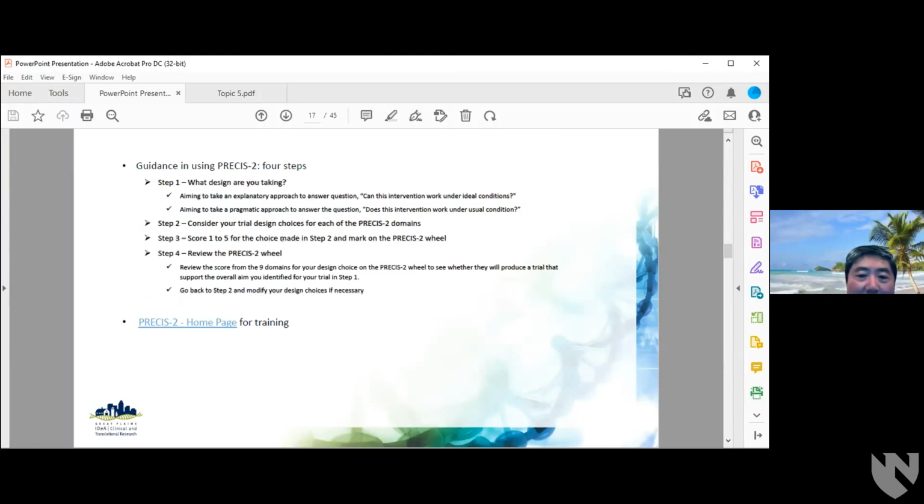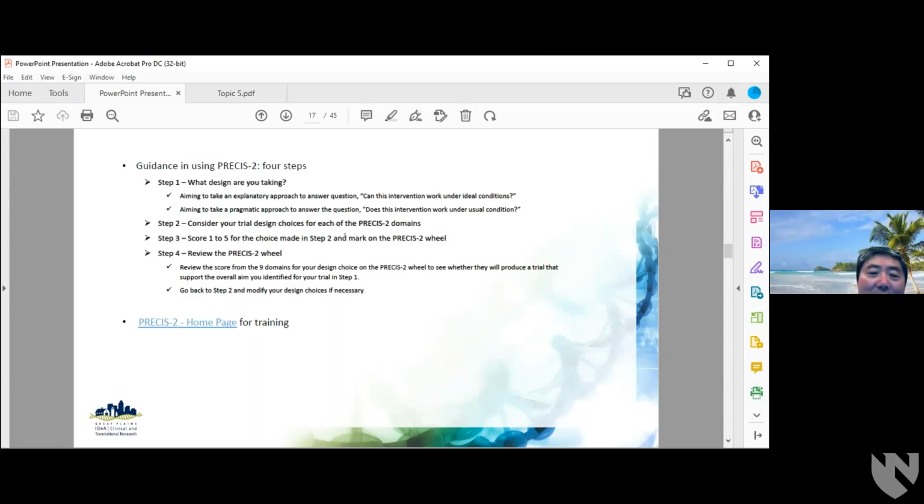You want to prove the concept, or you want the outcome of this experiment to immediately apply in the usual care scenario. That dictates whether this is eventually going to be an ERCT or a PRCT. This is the first thing you need to determine beforehand.